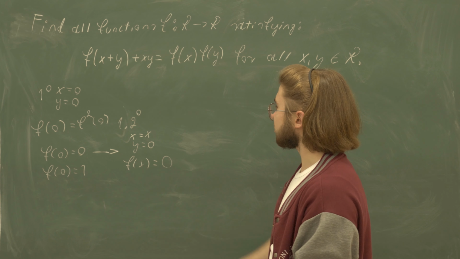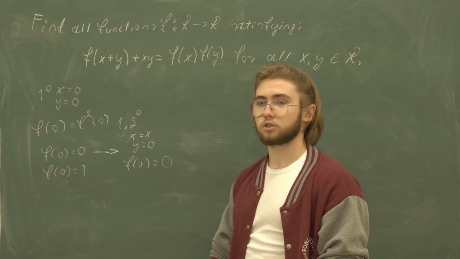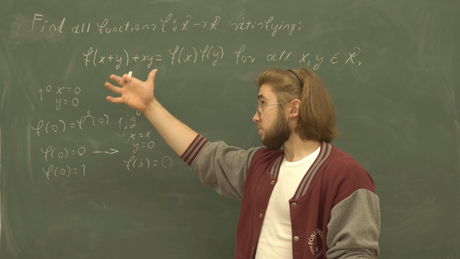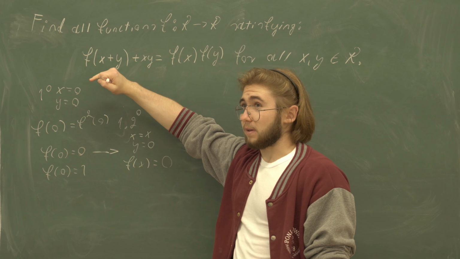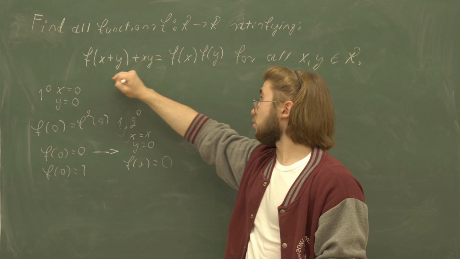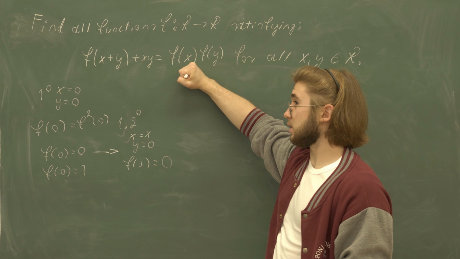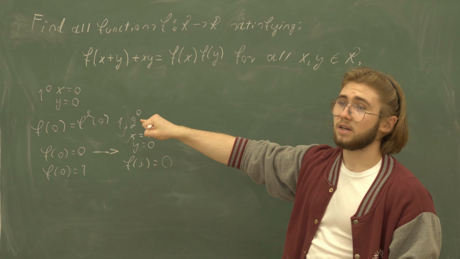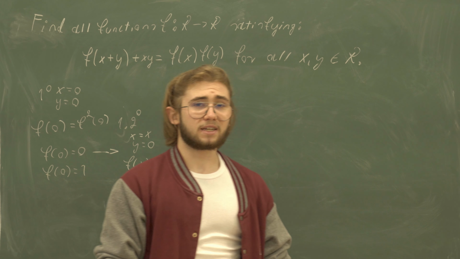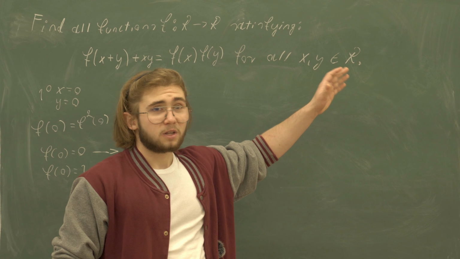However, the problem is that it does not satisfy the functional equation we're given, because if f of x was equal to 0 for every single x, here we would have 0, here we also would have 0, so it would basically mean that x times y would be equal to 0, but x and y are not necessarily 0, they can be whatever real number.